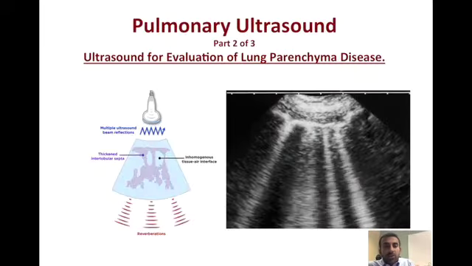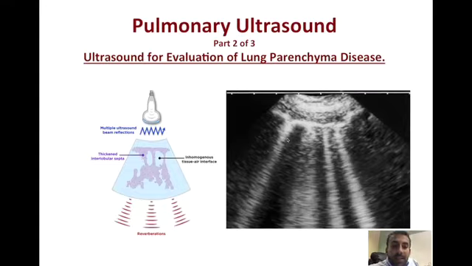Let me try to show you a cartoon here to identify this a little more clearly. In this picture, the ultrasound window is going through areas of different aeration as the ultrasound waves penetrate. When it transitions between an area of less aeration and an area of more aeration, that presents an area of reverberation, or a difference in tissue density, that produces these vertical lines called B lines.